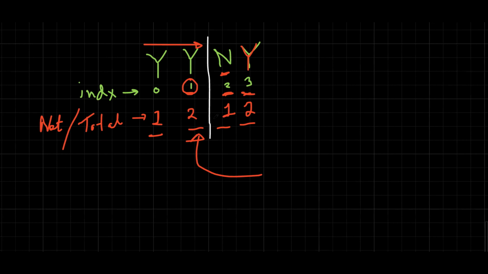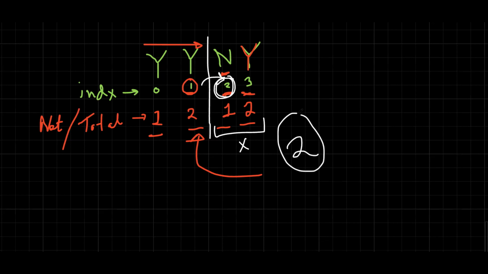So we have to close our shop at the next index, which is 2. For this segment, the shop is closed. So the index number of this next element is 2, and the output of this problem is 2. I hope you understood the algorithm.